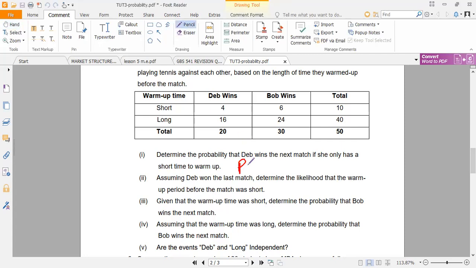Probability of D given S, where D and S meet over the total for S. Where they meet is 4, over the total for S, which is 10. We get 0.4.